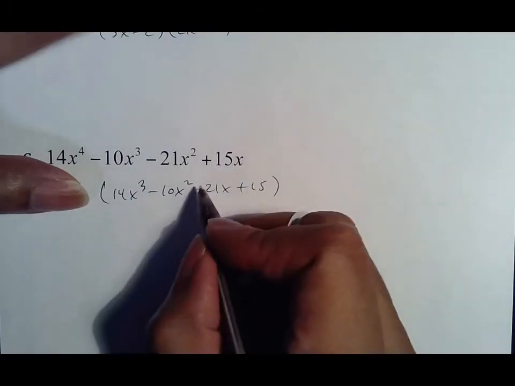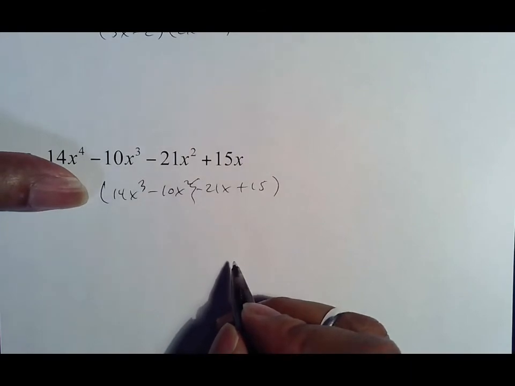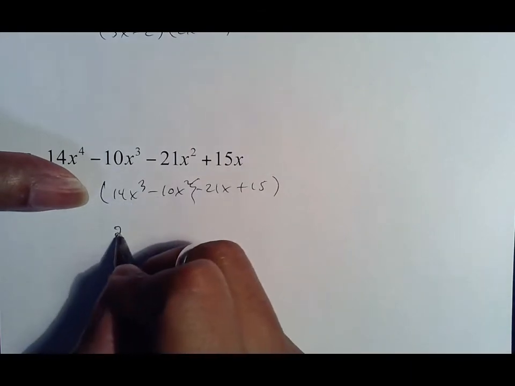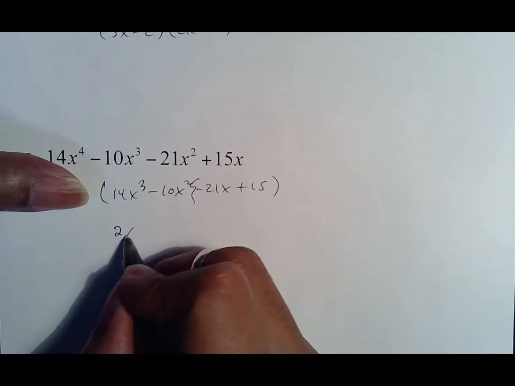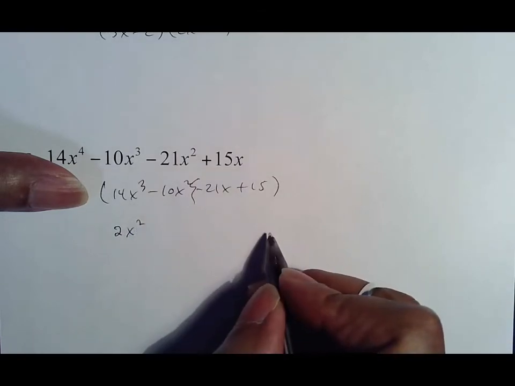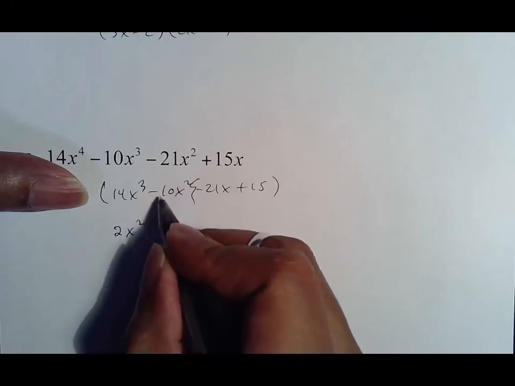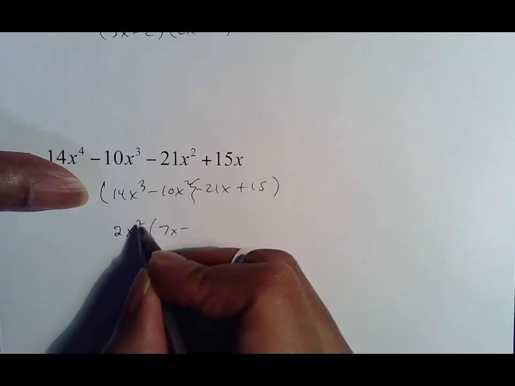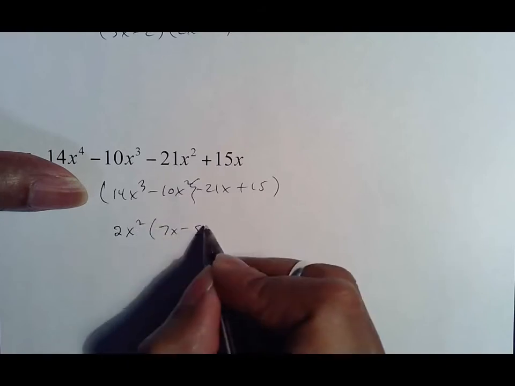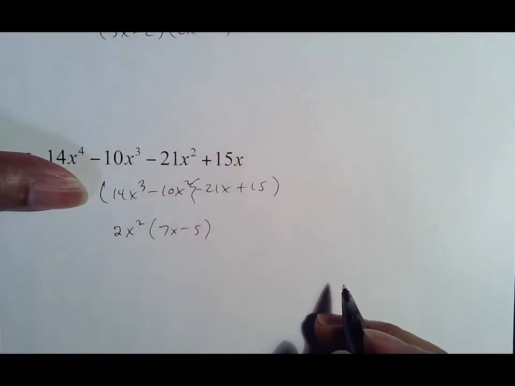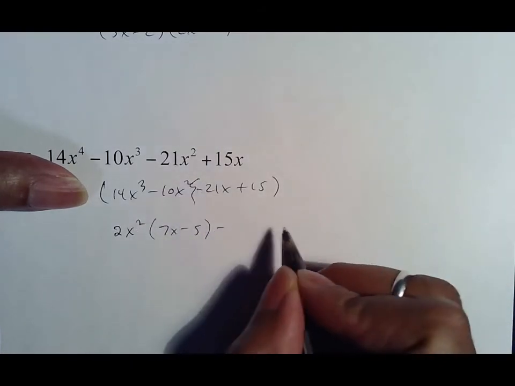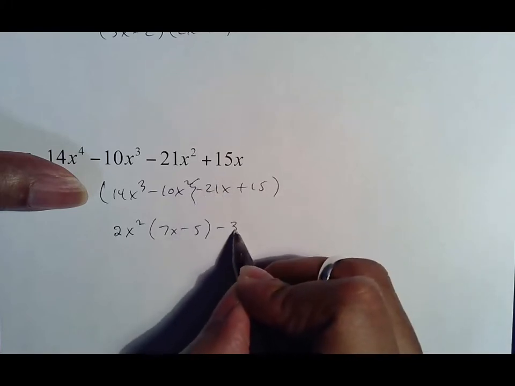And then ignore the x as we factor this as usual. The numbers here, 14 and 10, can both be divided by 2, and you have at least 2 x's on both. 14 divided by 2 is 7. 3 minus 2 is 1. Copy the sign. 10 divided by 2 is 5. 2 x's, took them both away. There we go. Copy the symbol. 21 and 15 can both be divided by 3.